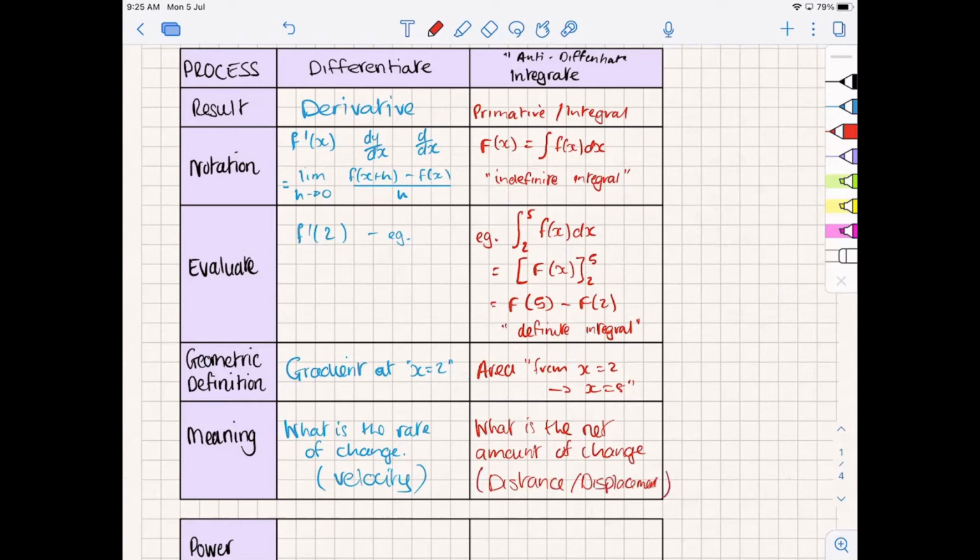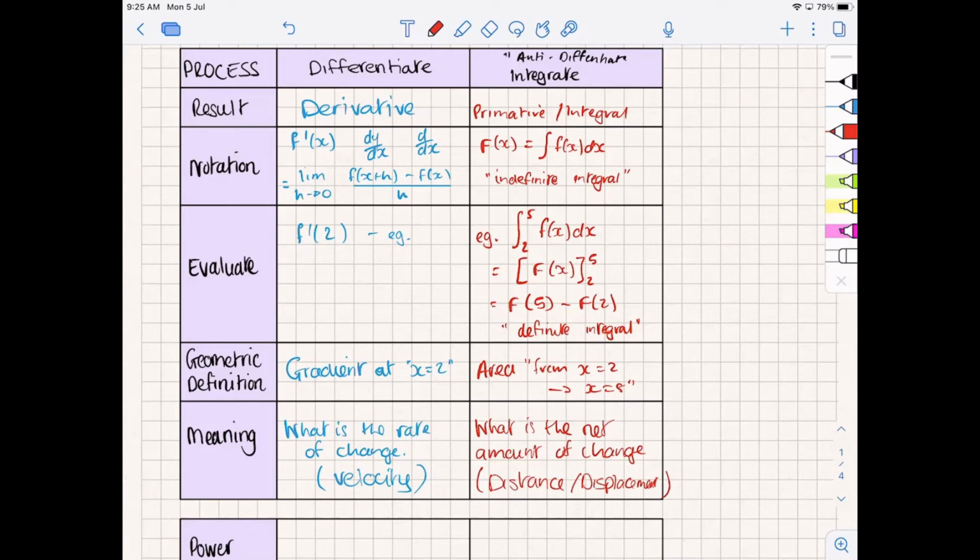We just have to be careful when we look at more practical examples in mechanics. You will see the difference between distance and displacement. Who can tell me where the difference might come in? It won't always be different. Sometimes the distance and the displacement will be the same, but when could they be different? When you're not going in a straight line.